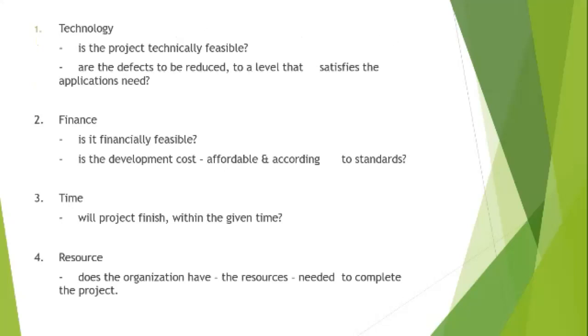Second one is finance. Is it financially feasible? Is the development cost affordable and according to standards? Time: will the project finish within the given time? Resource: does the organization have the resources needed to complete the project?